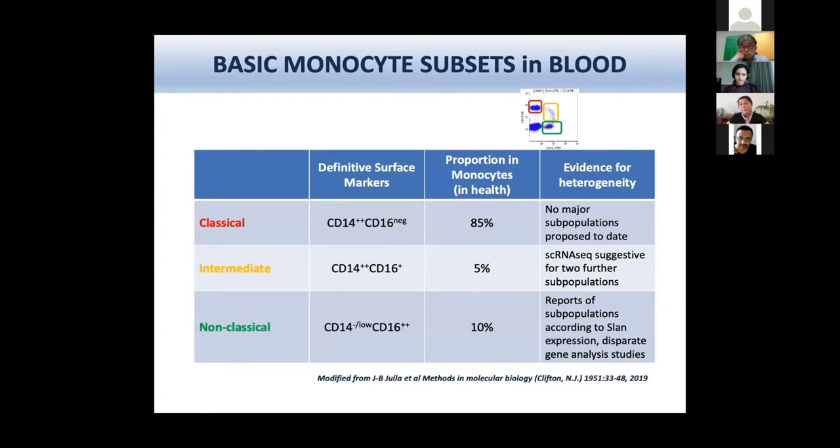They make up 5% of the cells, and by sequencing, 2 further subpopulations have been suggested. And the non-classical ones carry little or no CD14, and they express a high amount of CD16, and they make up 10% of the monocytes.